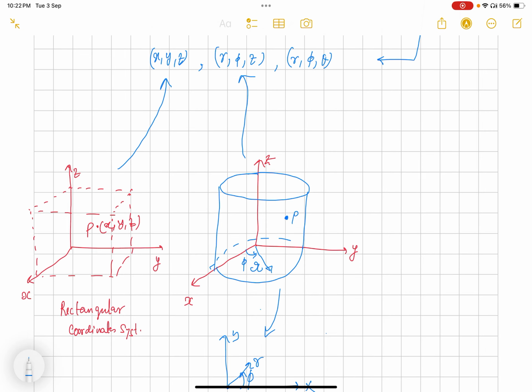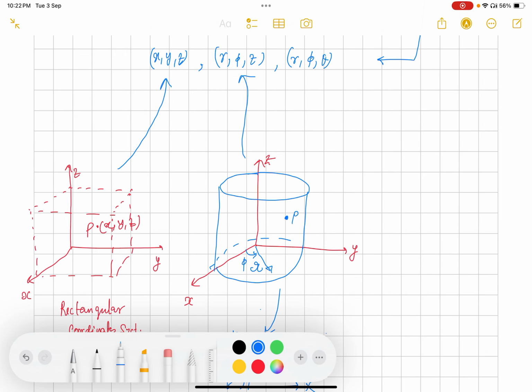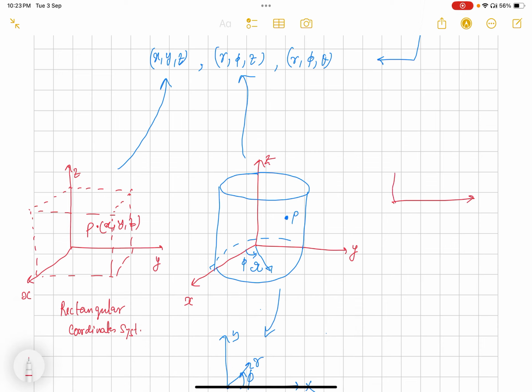Similarly, spherical. At any r, this is the point P: r, phi, theta.